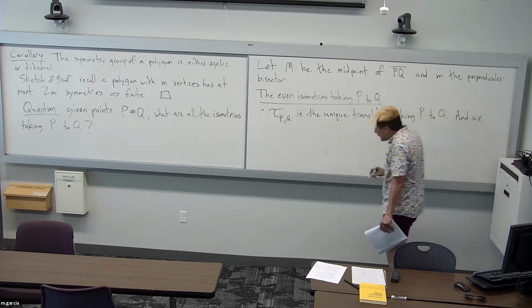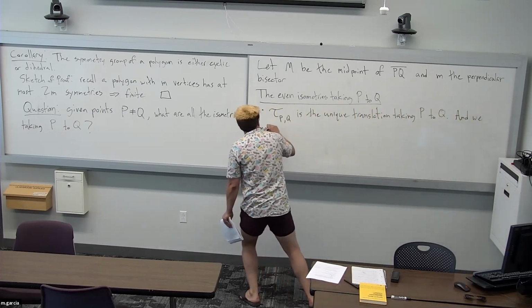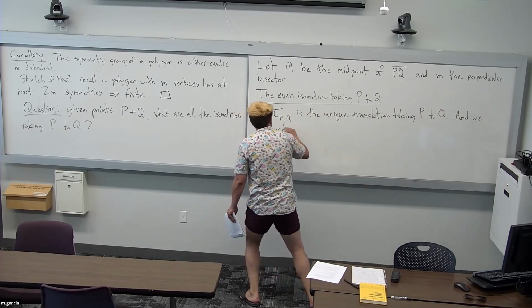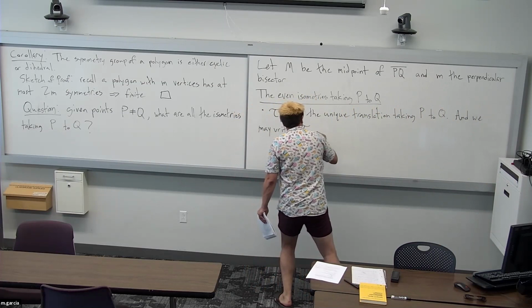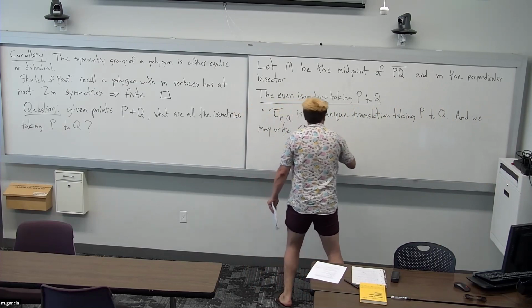We may write the following factorization of tau sub p comma q.